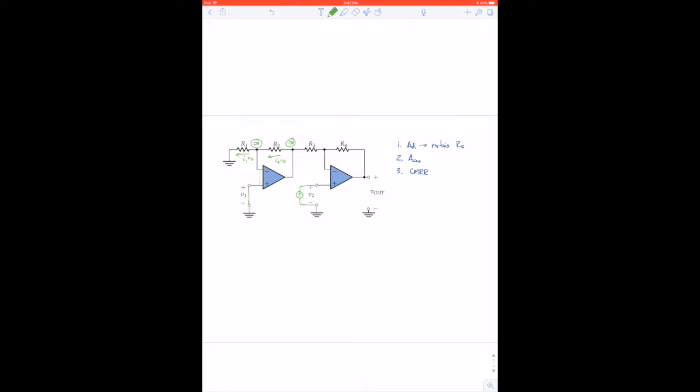And then the right-hand circuit, hopefully you can recognize that it is the non-inverting configuration of the op-amp, because we have the terminal up here at ground potential, and we're putting our signal into the positive pin.